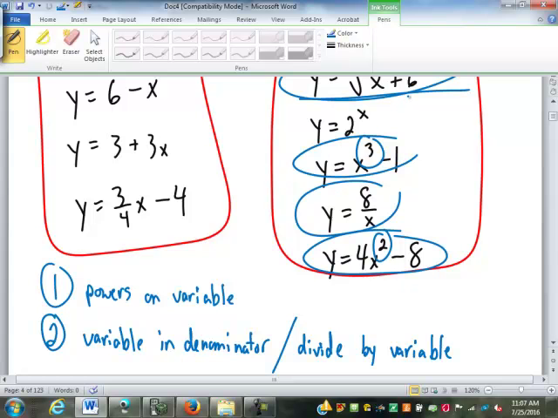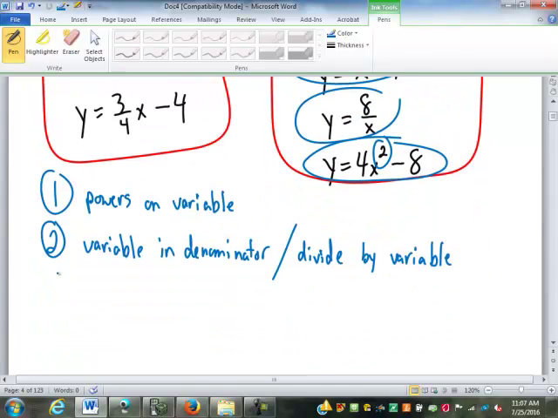This last one right here deals with powers, but it's not a power on the variable. What's going on there? The variable is in the power. The variable is the power. Now, all of these technically have to do with powers.